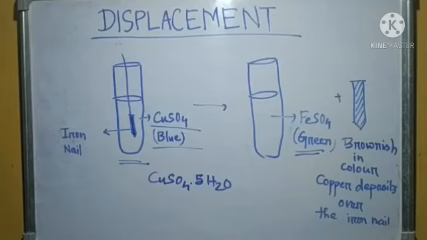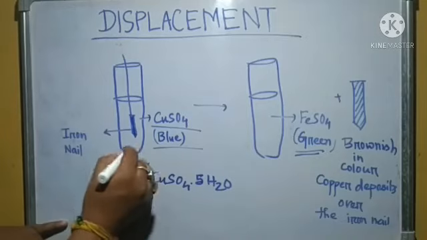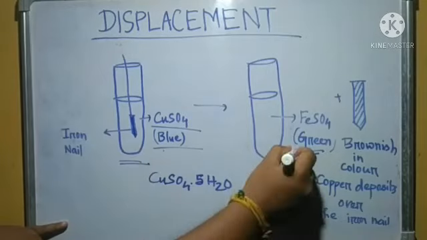Here we are observing that the color of the solution, which was earlier blue, has changed to green. So from this we can definitely say that a chemical reaction has occurred.